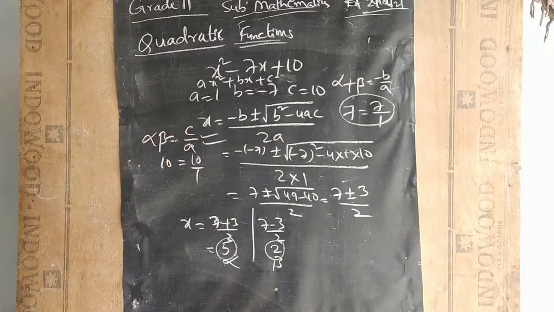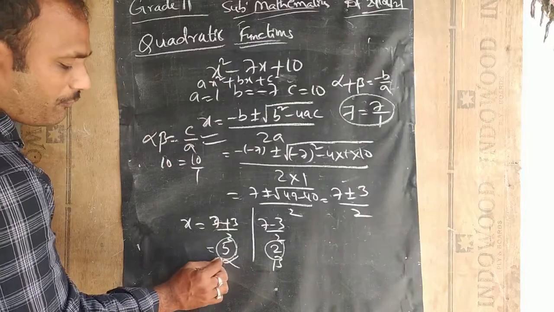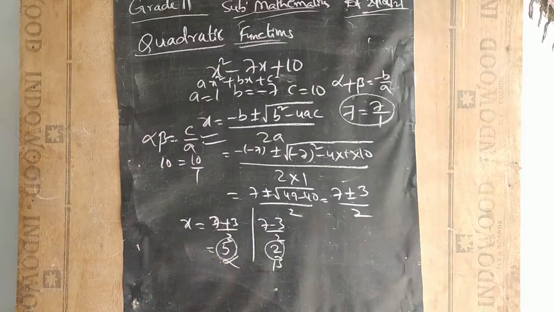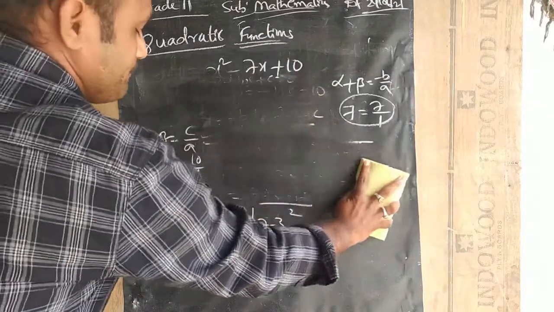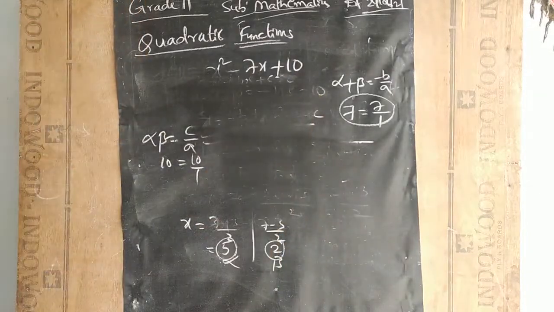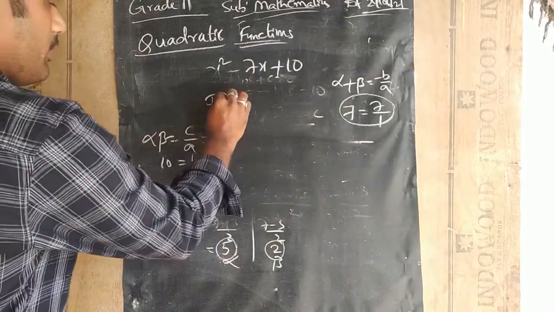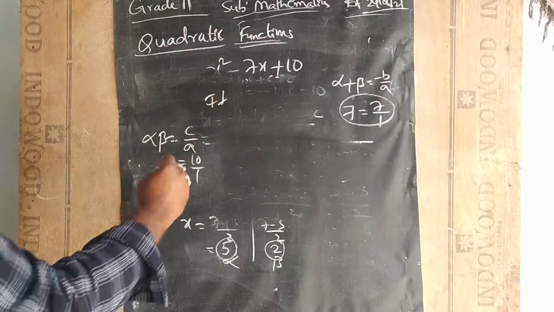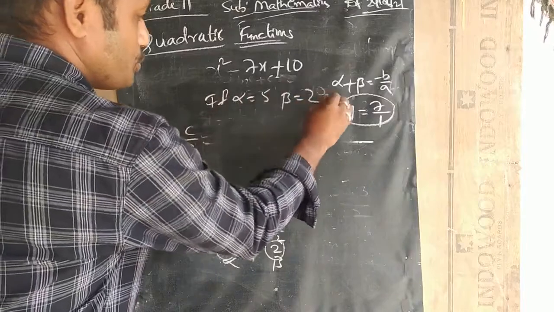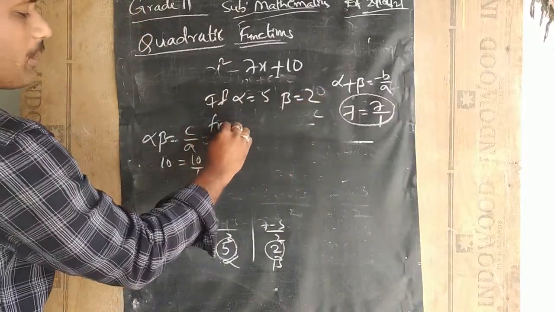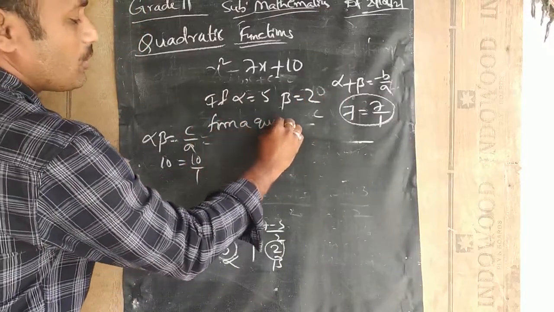Now, if the question says alpha is 5 and beta is 2, form a quadratic polynomial.